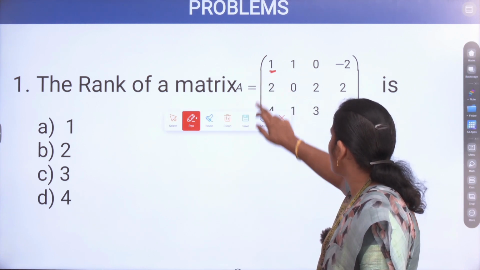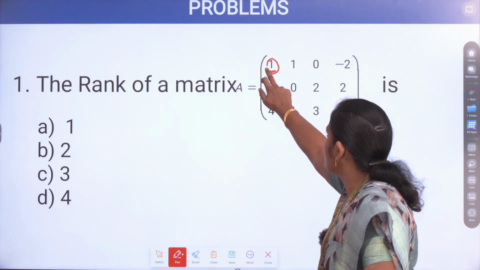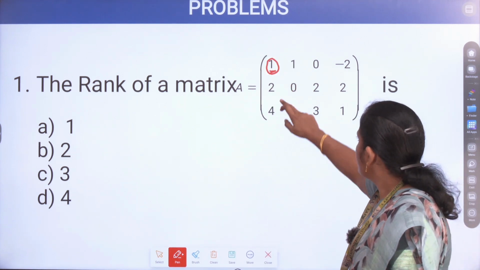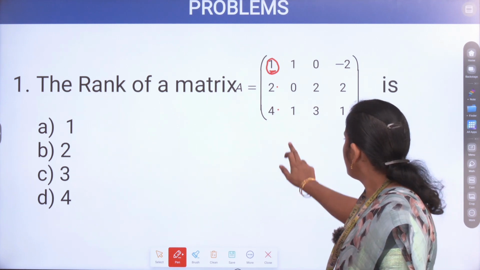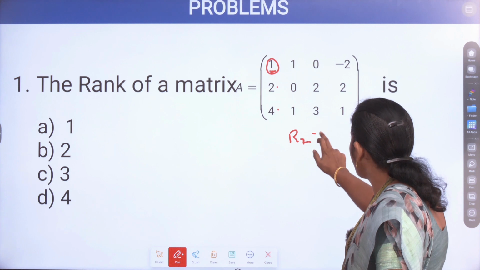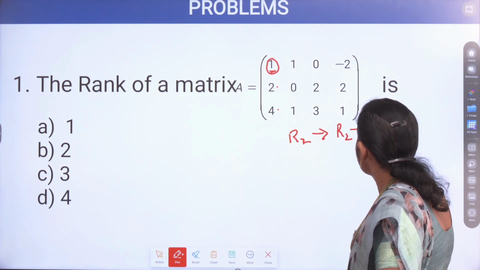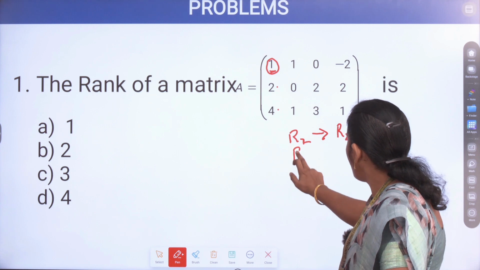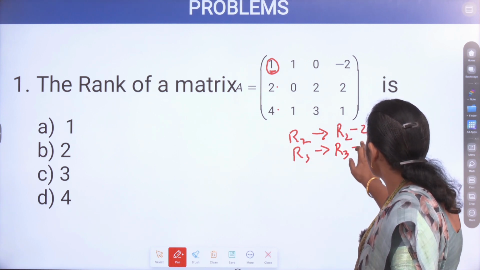It is a non-zero element, so the corresponding pivot element is 2 and 4. So using the conditions, R2 implies R2 minus 2R1. Next, R3 implies R3 minus 4R1.